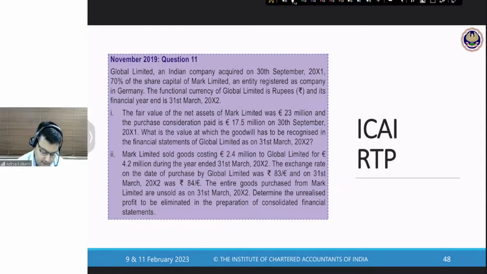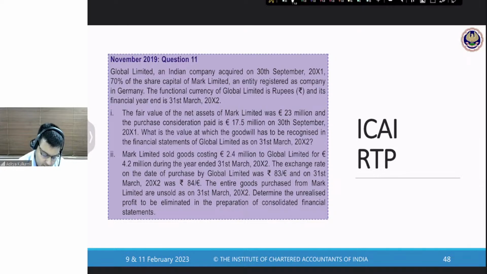The functional currency of Global Limited is rupees and the financial year ending is 31st March 20X2. The fair value of net assets was 23 million euros. Purchase consideration paid is 17.5 million euros on 30th September X1.